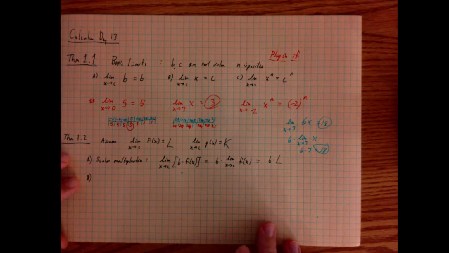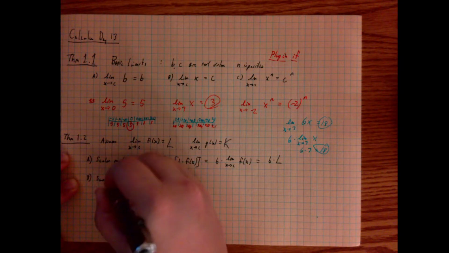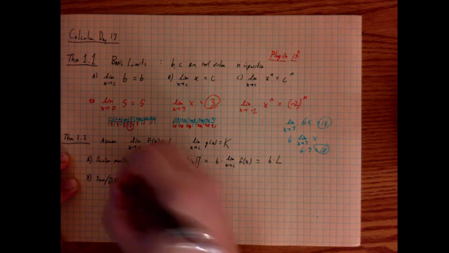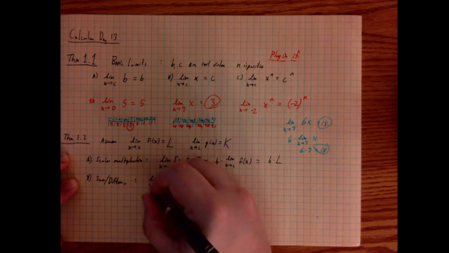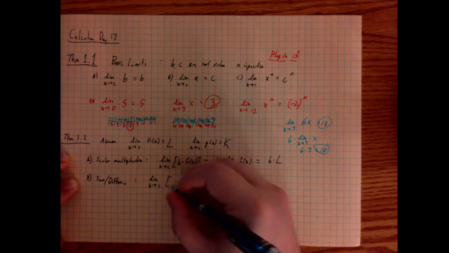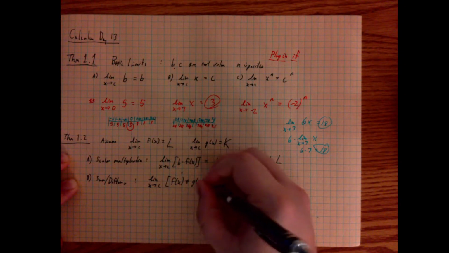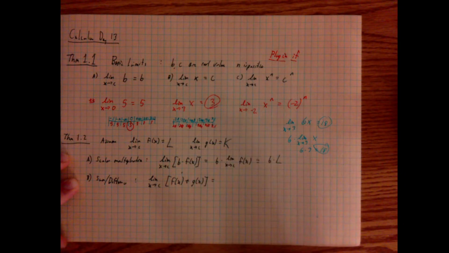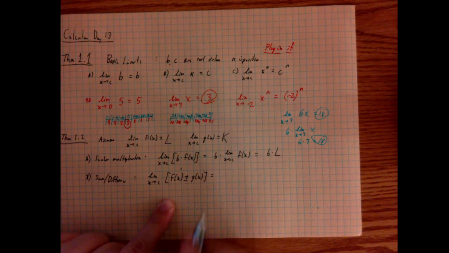B. If I have, and this is the sum difference, if I have the limit as x approaches c of f of x plus g of x, so in other words, or minus in this case, it could be either one.